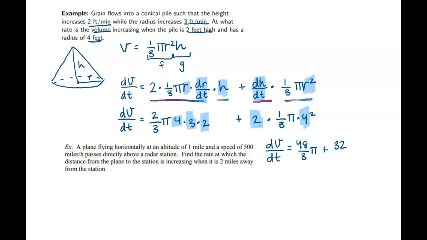So 32 times 1/3, which is like 32/3 pi. 48 plus 32 is 80. So dV/dt is 80 pi over 3. Since it's volume, it's cubic units, so it's feet cubed per minute.